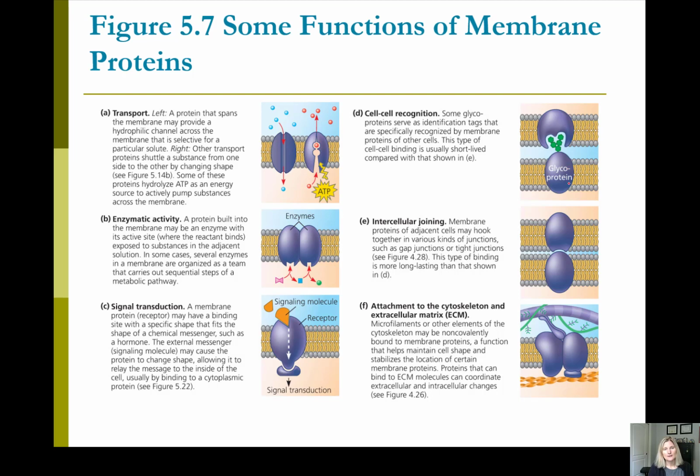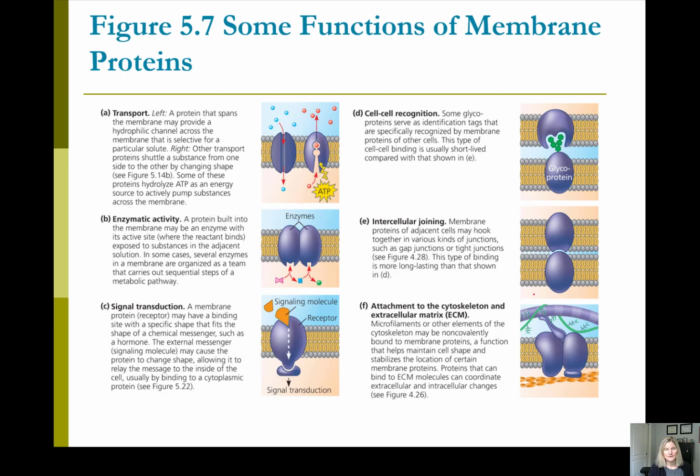The cell-to-cell recognition, so that we generally have these receptor sites on the proteins, and that's going to serve as a signal for nearby cells. It could also be helping to form the anchoring junctions.